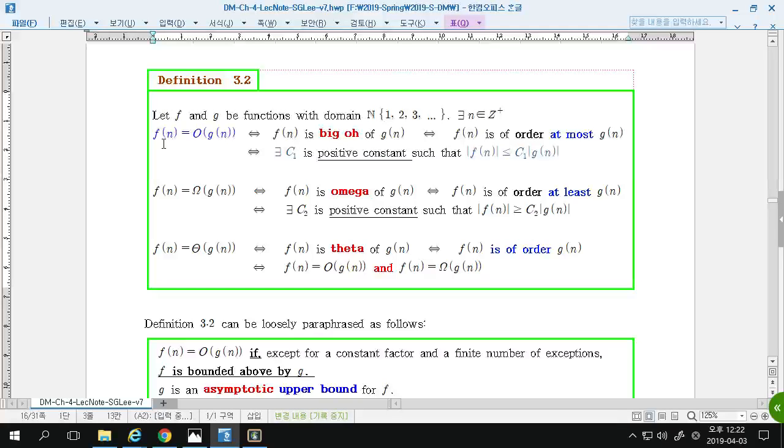We say function f(n) is big O of g(n) in this notation, which means f(n) is of order at most g(n), if and only if there exists a positive constant C1 such that the absolute value of f(n) is less than or equal to C1 times the absolute value of g(n).